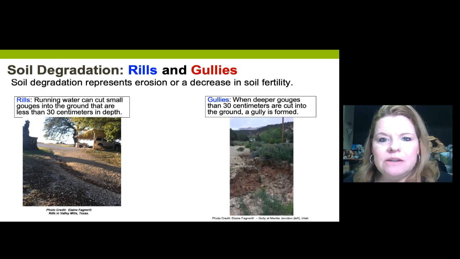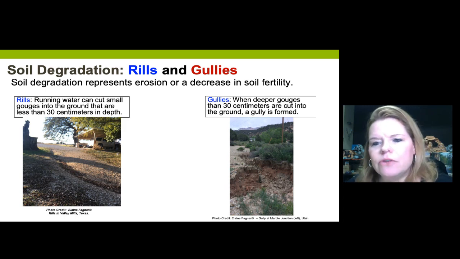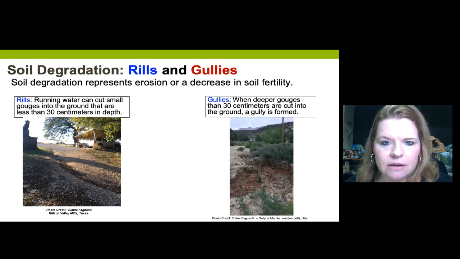Which brings me into soil that gets compromised. So when you have soils that begin to get weathered and eroded, problems can happen. So let's talk about rills and gullies, because if you get compromised soils, erosion can make your land less available for cultivation.